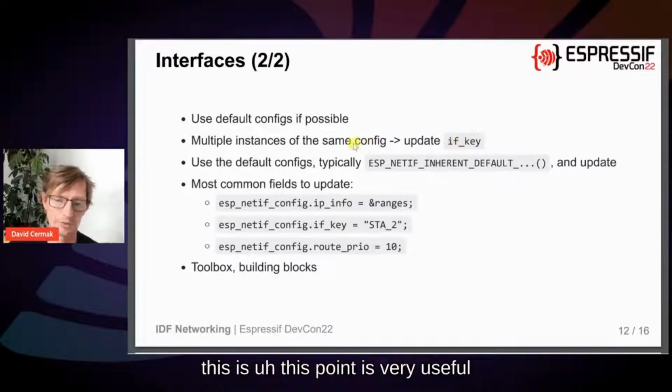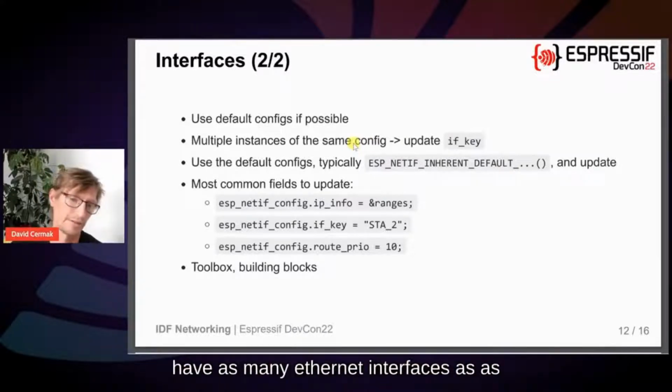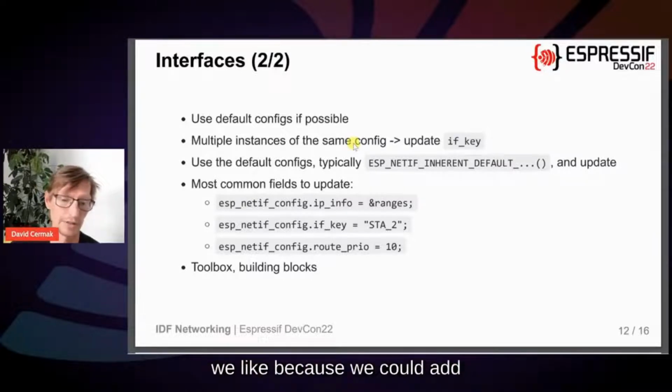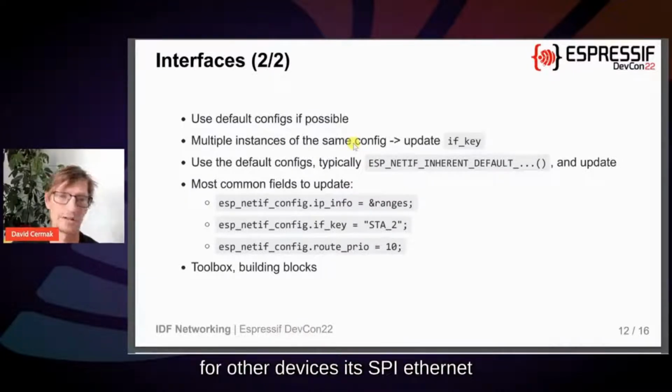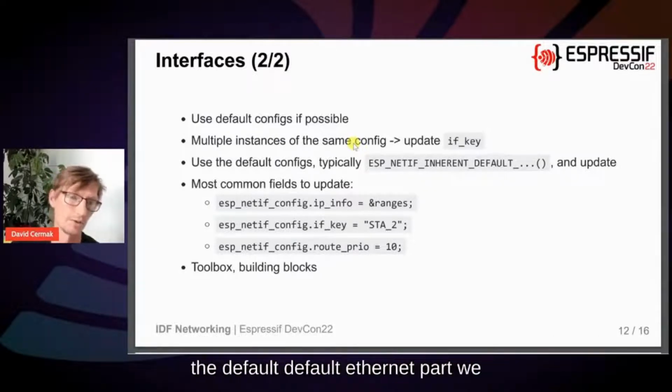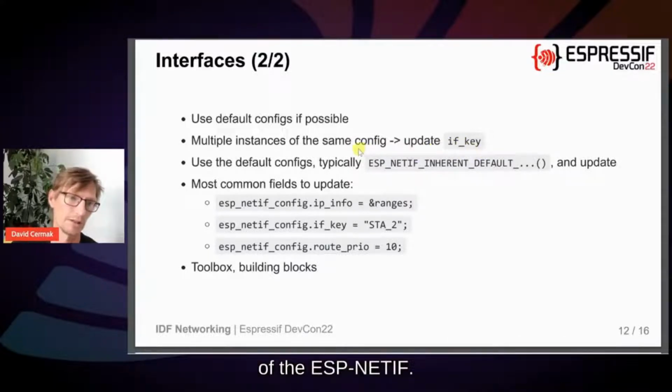This is very useful for Ethernet interfaces because we can have as many Ethernet interfaces as we like. We could add SPI Ethernets together with one internal Ethernet, for ESP32 only, and for other devices, SPI Ethernet, and we can reuse the default Ethernet configuration, but we need to update the name or the key of the ESP-NetIF.